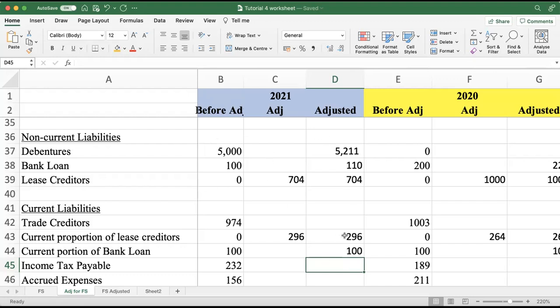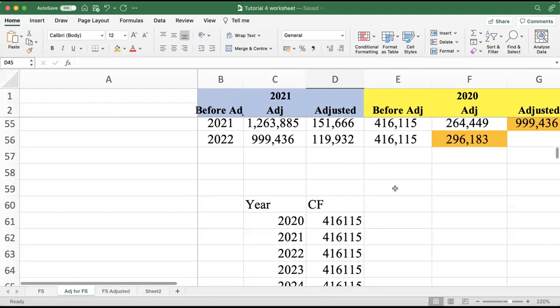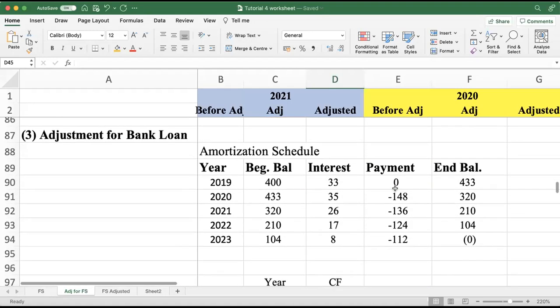Right. Now we have adjusted the bank loan liability. Then we'll adjust the interest. These are the interest amounts that should be in the profit and loss account.